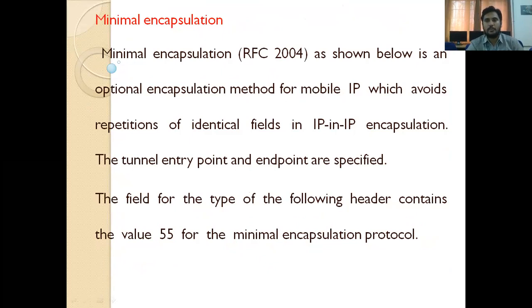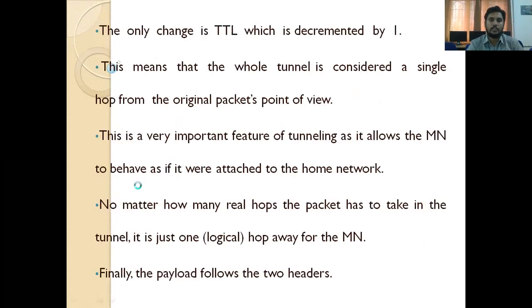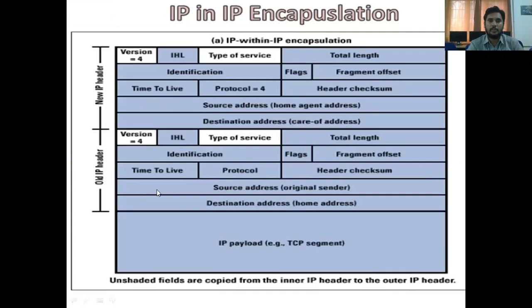In the earlier part of the video we discussed that mobile IP must need the IP in IP encapsulation, but minimal encapsulation is also optional for mobile IP, which avoids repetition of identical fields in IP encapsulation. If you observe, in IP encapsulation some of the fields are repeated, that is IHL, total length, flags, fragment offset, protocol.